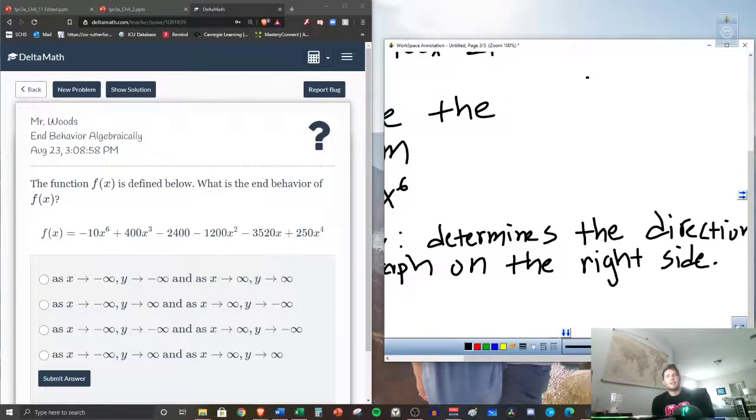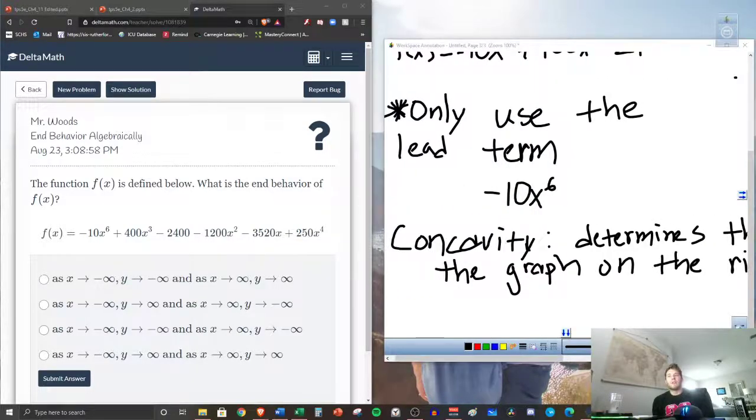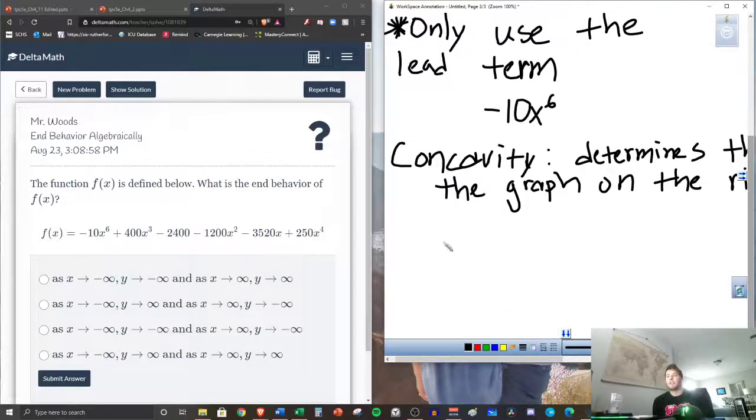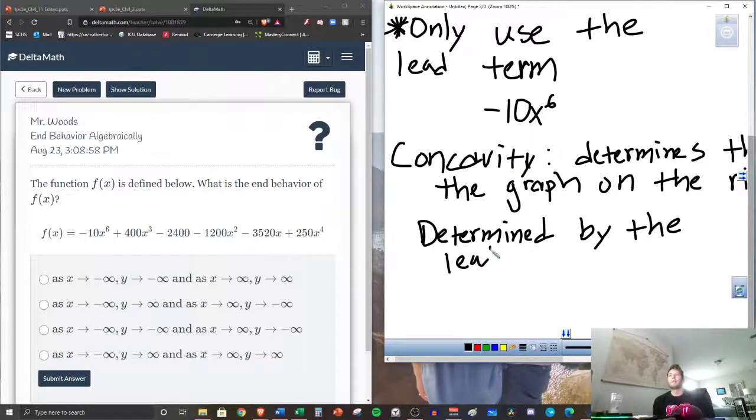It's pretty easy, okay? I need to make this bigger. Scroll down. And we're going to add this note. This is determined by the lead coefficient. All right, so this is what we're looking at.